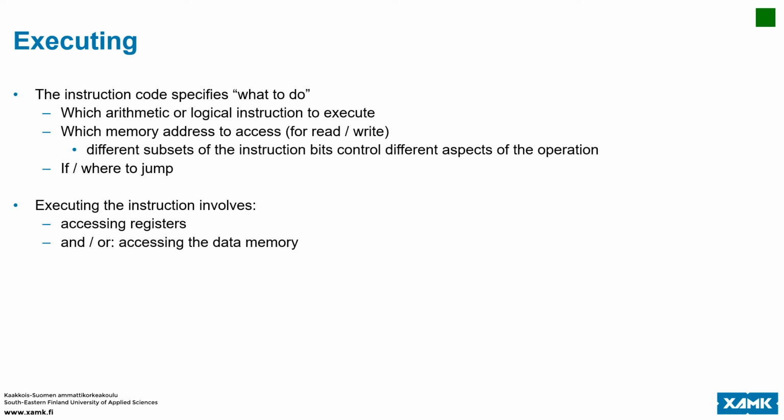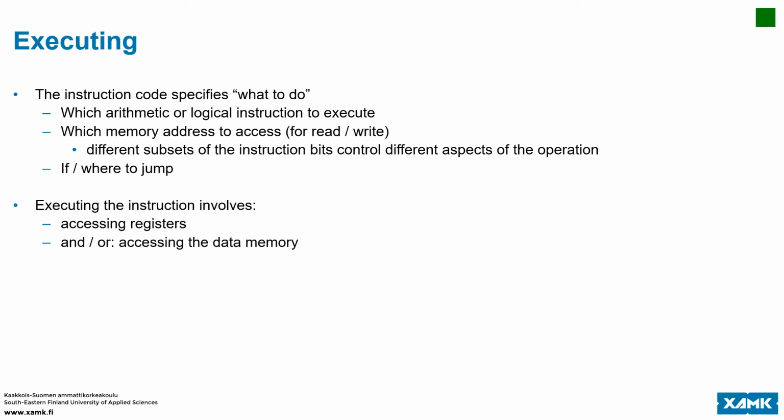Executing the instruction for the ALU means decoding, figuring out what to do with the code. So basically, which arithmetic or logical instruction is this piece of binary data? And on what memory addresses do those operations need to be applied?